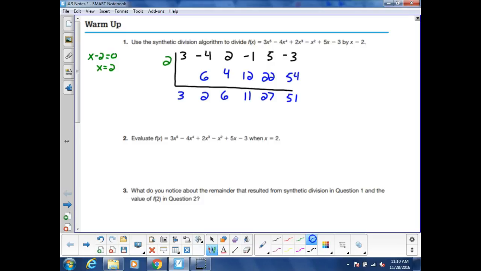So you get 3x to the 4th power, because we take that degree and we drop it by 1, plus 2x cubed plus 6x squared plus 11x plus 27 plus 51 over x minus 2. Yes? Okay.